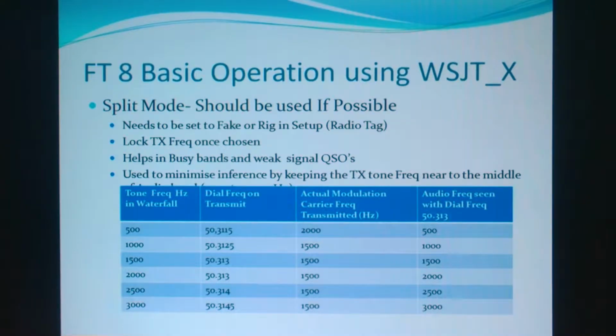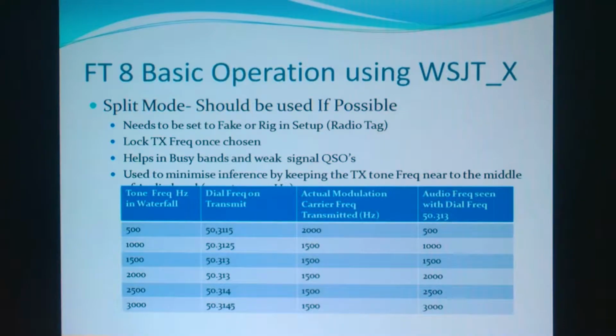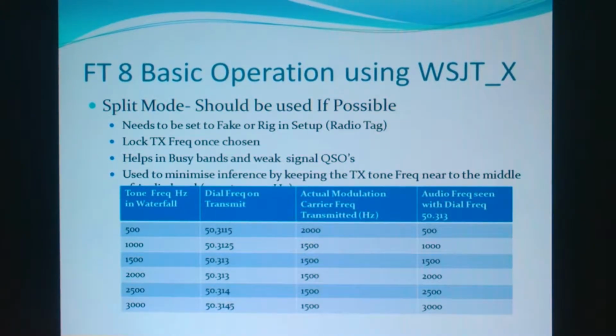You need to lock the TX frequency once you've used it. The reason you want to use it is because it puts your signal into an area on the band that could be quite quiet, or looks to be quiet in your location. It may not be quiet anywhere else, but at least it's not in all the other junk in the middle with all the other signals, one on top of the other.